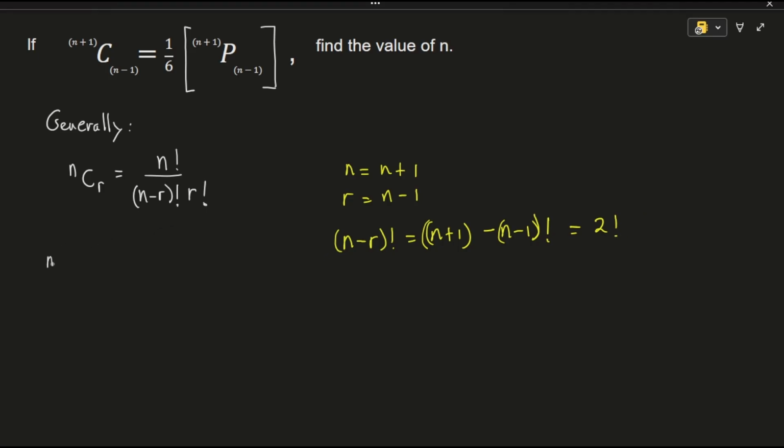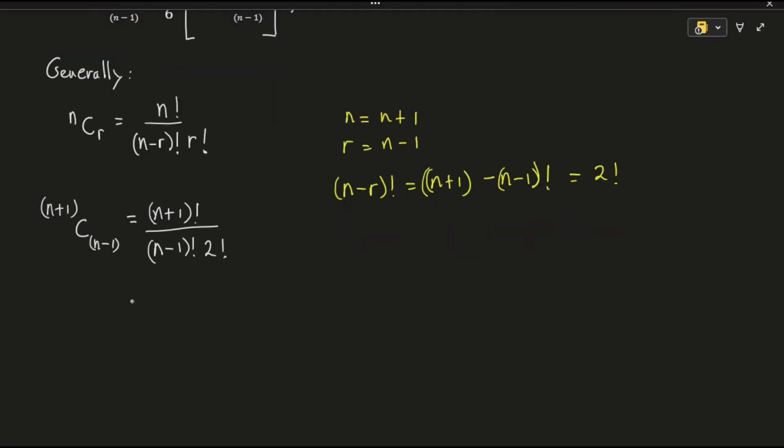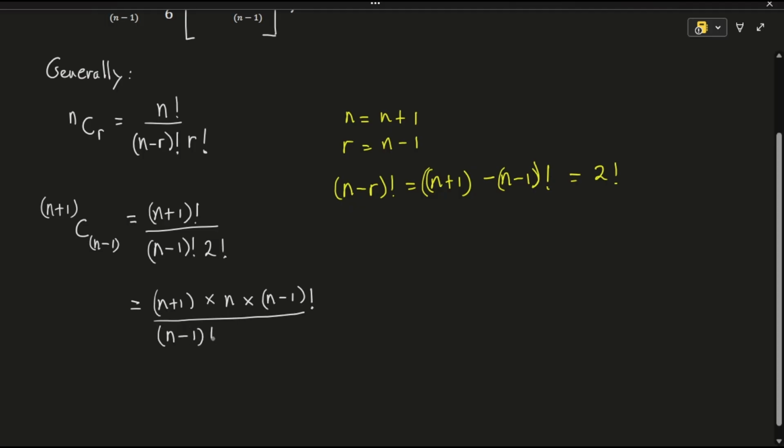So it means that it will be given by n plus 1 factorial over n minus 1 factorial, n minus 1 factorial, 2 factorial.